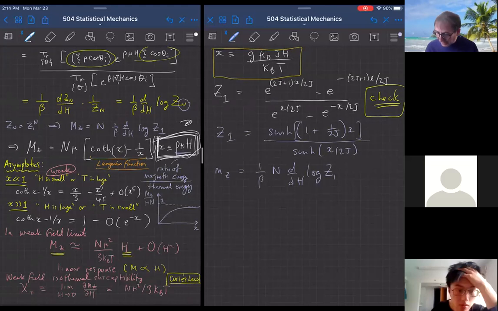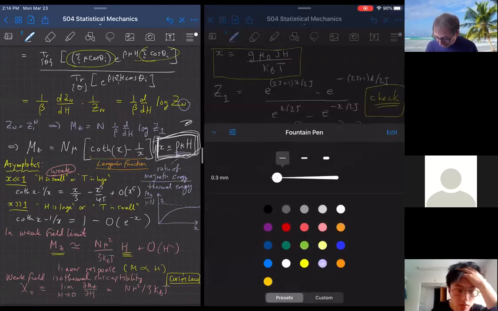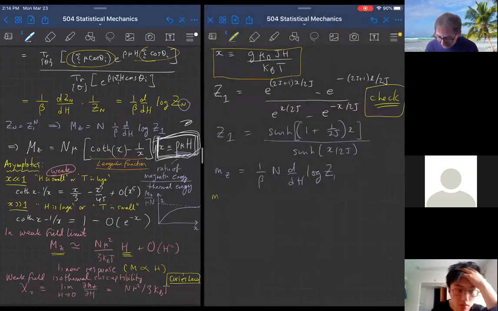So it's kind of a mess. But what you end up with is that m_z is equal to N times g times mu_B times j times this thing. So let me write it out.